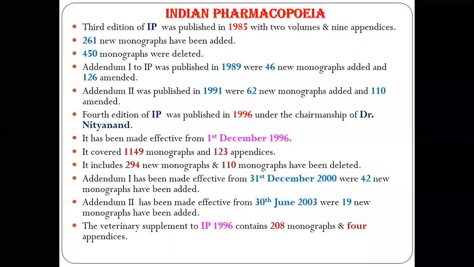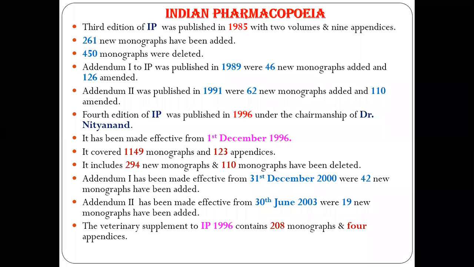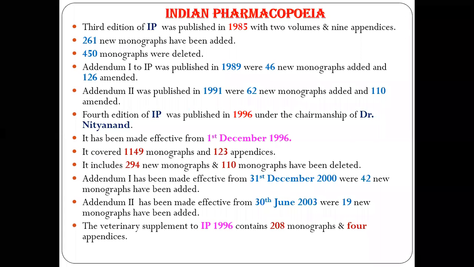And in the fourth edition, what kind of changes were there? The fourth edition of the Indian Pharmacopoeia was made effective from 1st December 1996. In this edition, we covered about 1149 total drugs, with 223 appendices, or different parts.